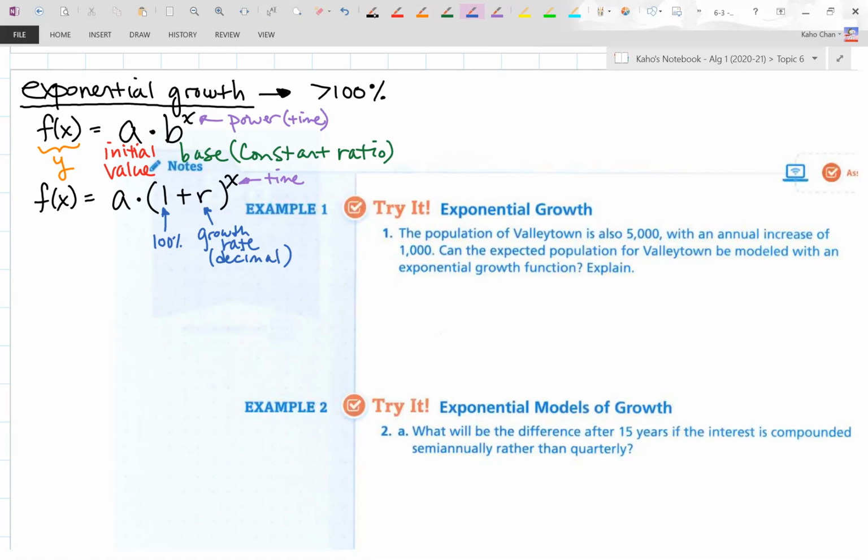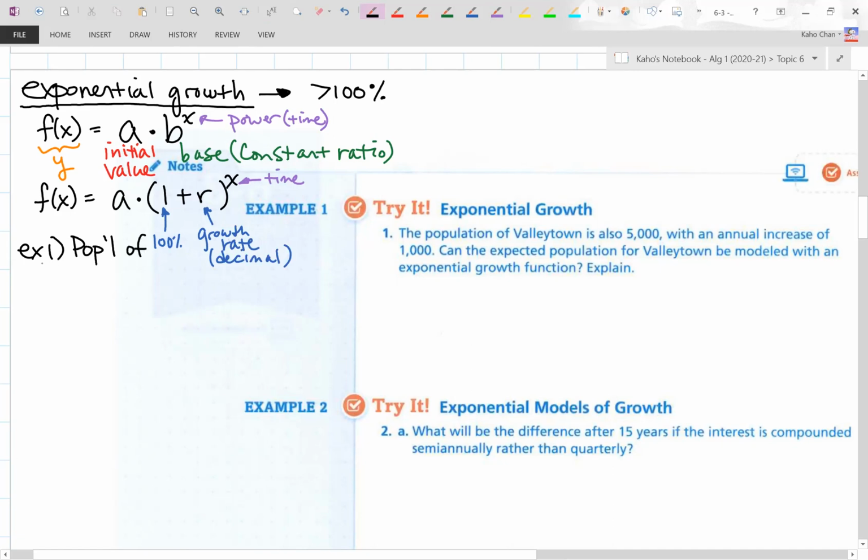I'm going to use a book, the example in the book. Example 1, here we go. We're going to talk about the population of a city called Hillville. The population, you can shorthand it pop, of Hillville grows at an annual rate of 15%.